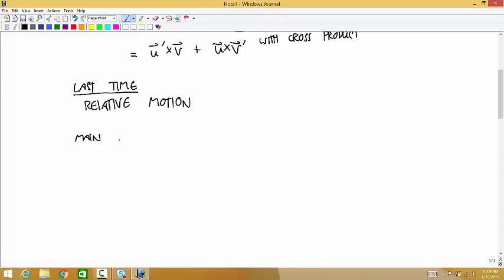There's a main definition of relative motion, and that is that the position vector of some particle P relative to coordinate system A is equal to the position vector of the particle P relative to coordinate system B plus the position vector of coordinate system B relative to coordinate system A.